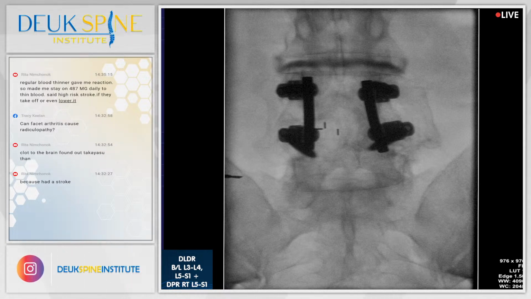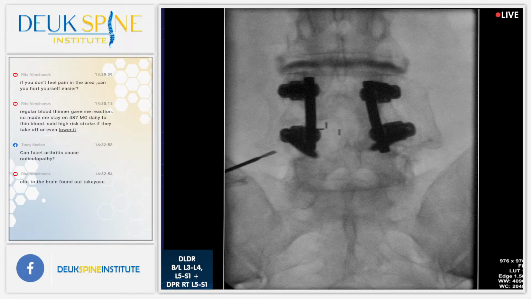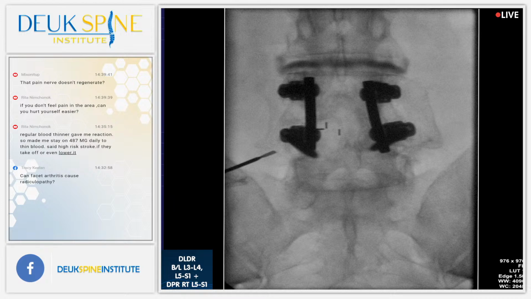This side's going to be much harder because of all this prior surgery he's had done. That's looking really good, but I'm not deep enough. I need to be a little deeper. A lot of scar tissue here. I feel it as I'm trying to get down to the transverse process. Shot.